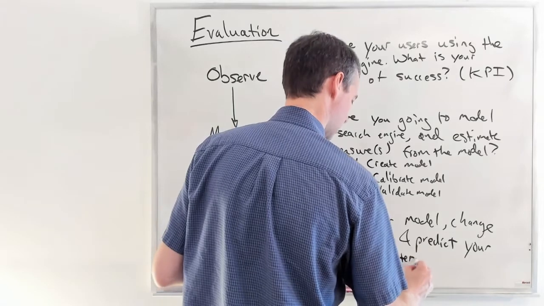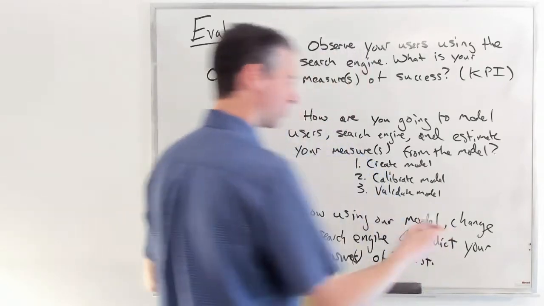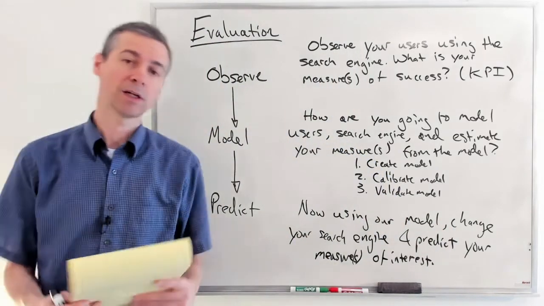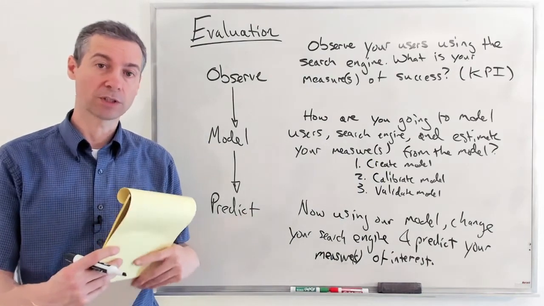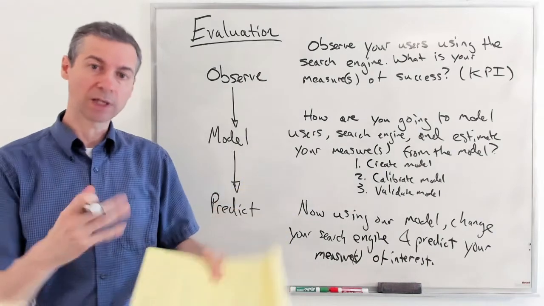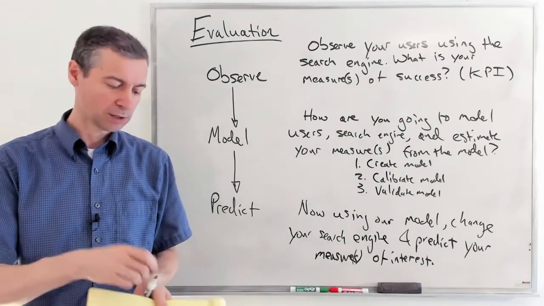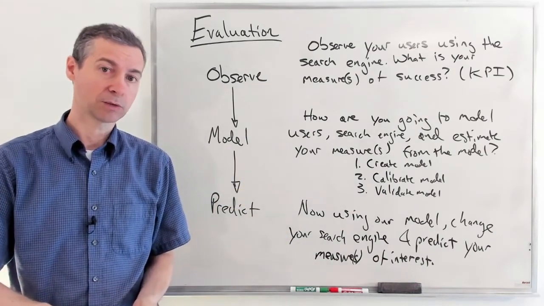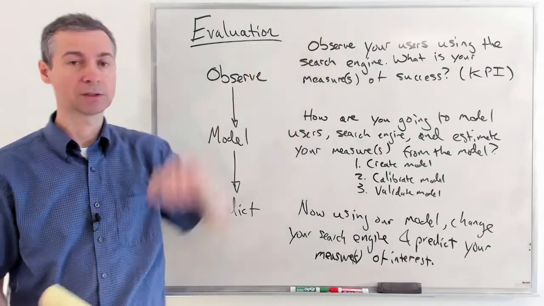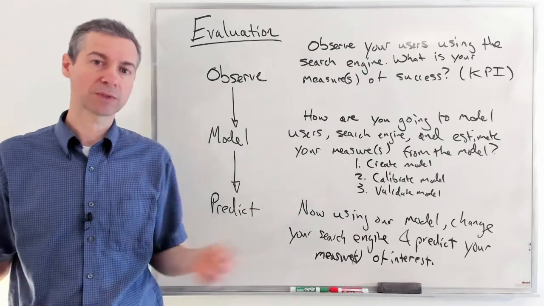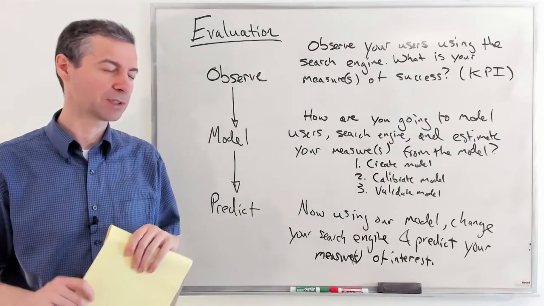What is it? The idea is, we could try, for example, lots of different ranking algorithms for our search engine. Those would plug into the model, and from that we get predictions of whatever it was that we cared about. What was our key performance indicator?